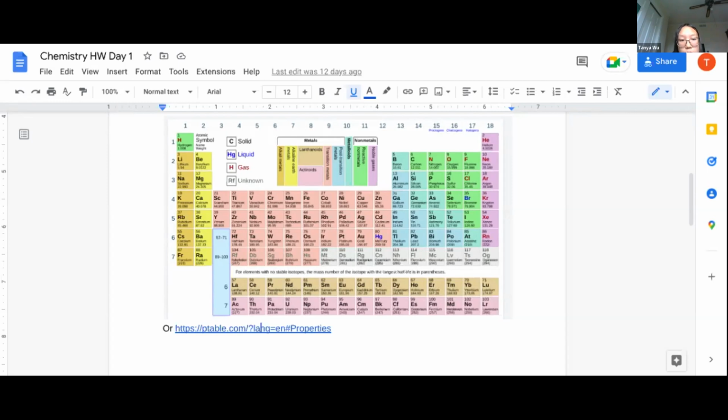But if you're going to do calcium and chlorine, well, then that'd be different because calcium is in the second group, so it has a +2 charge. Chlorine still has a -1 charge.